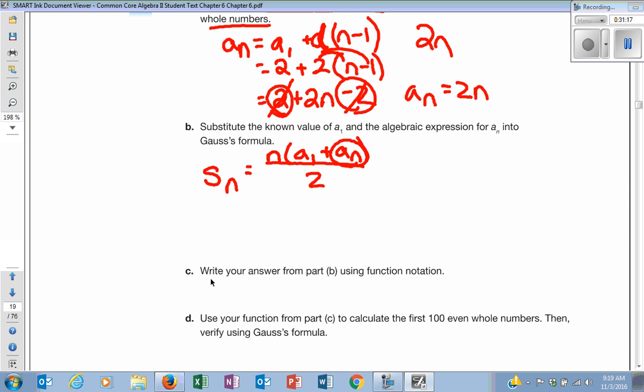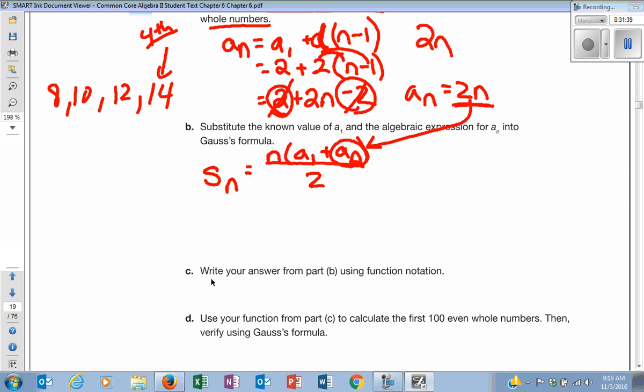Because remember, if I have like 8, 10, 12, 14, this is what I was referring to as row 4, the fourth number in the sequence. That's the n. So if I wanted any term in the sequence, I can solve like this and plug it in right there.